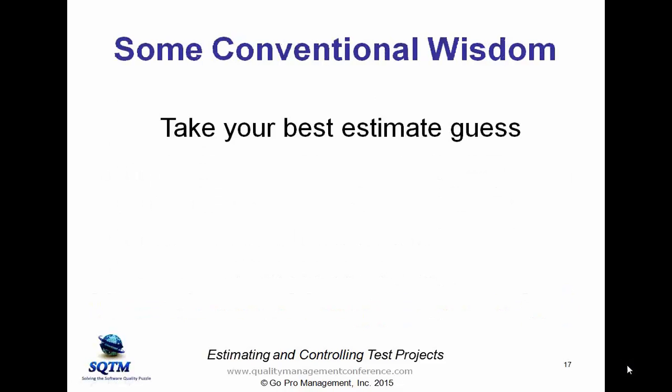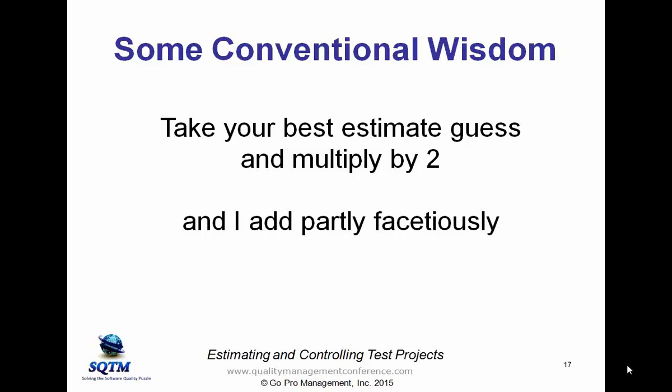So, just some conventional wisdom. What people tend to do, you make your best guess and multiply by 2. Okay? And unfortunately, there are a lot of supposed gurus that give this advice as if it is good wisdom. Well, I add facetiously, then double it.